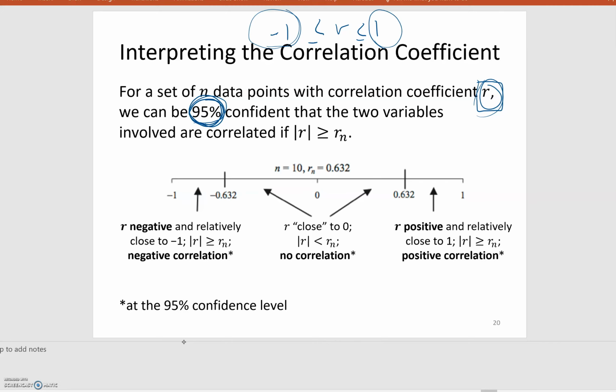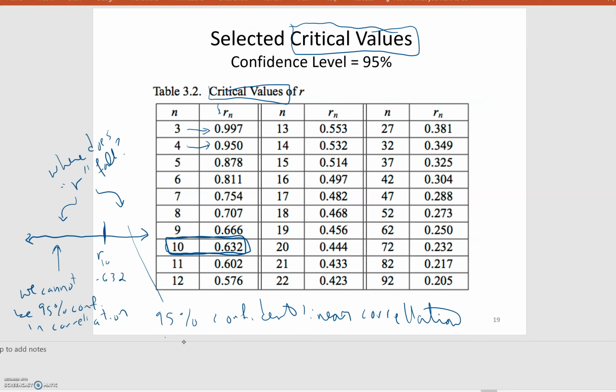When we're interpreting the line in the sand argument, if you get a negative correlation coefficient, you basically just flip the picture around. In the previous slide, I was just talking about positive correlation, and I said if you're over here, then you are 95% confident, and if you're over here, then you're not.